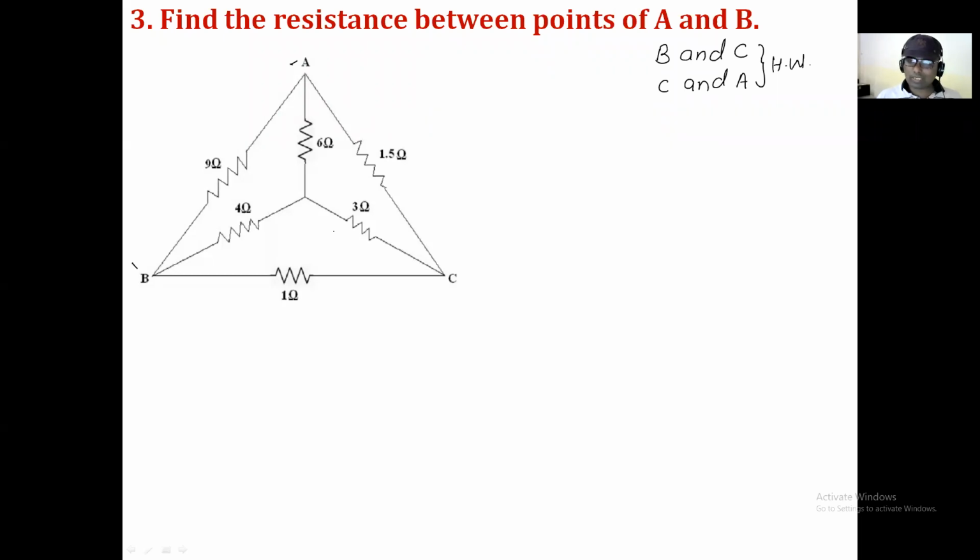Now if you see the diagram, definitely we have to think, because if you check it here, one delta diagram ABC is there, and again between the same points the star diagram is connected. The question is, can we convert the delta to star or the inside star to delta?